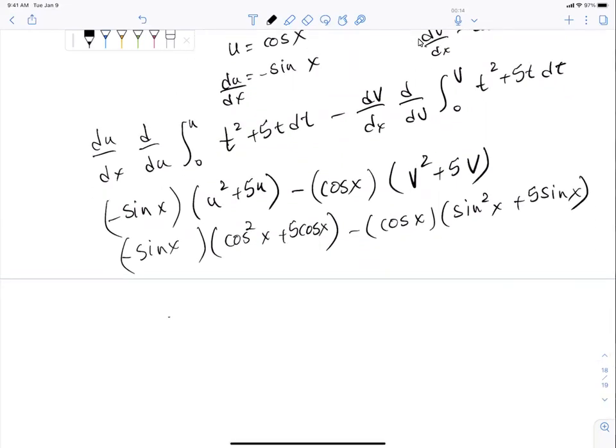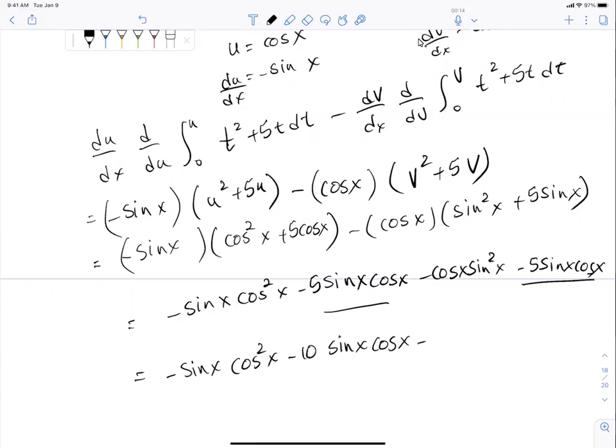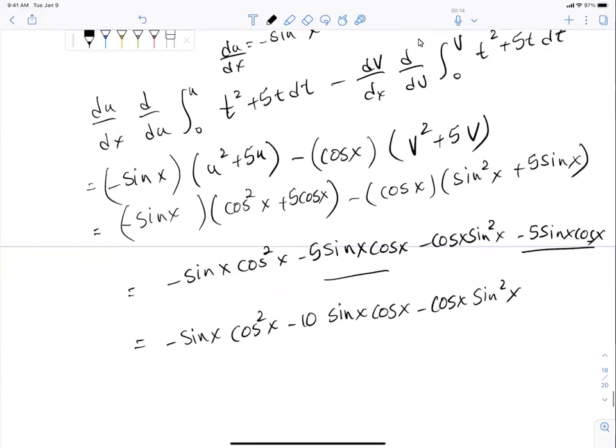If you want to simplify it, it just combines these two. And that will be your final answer.